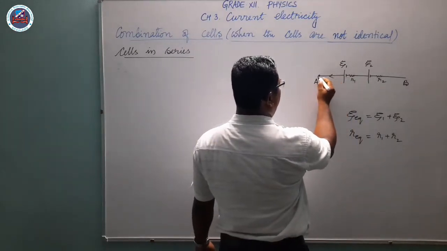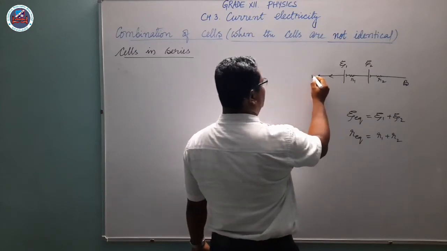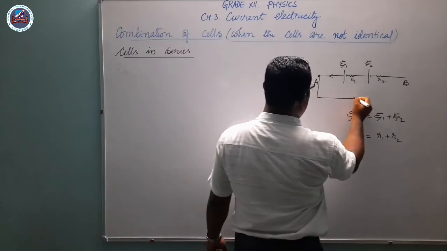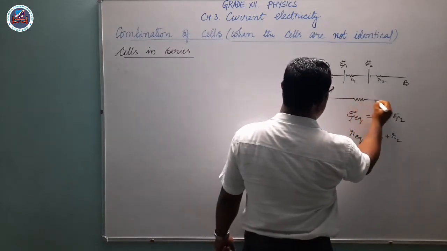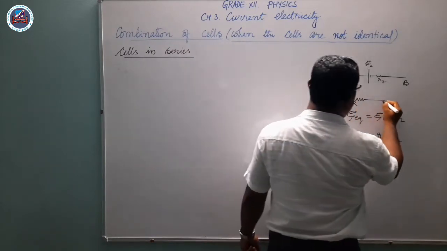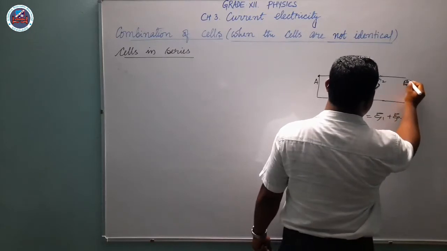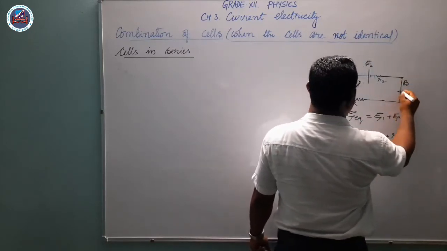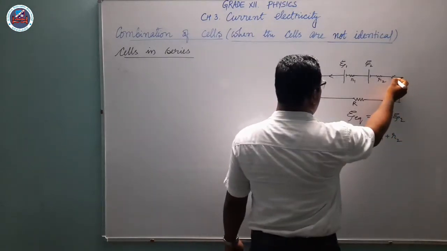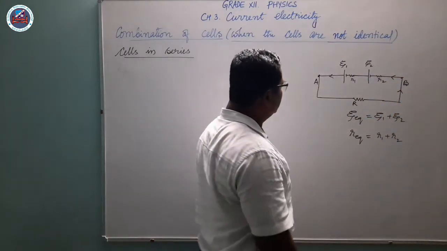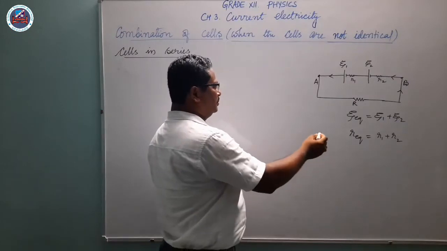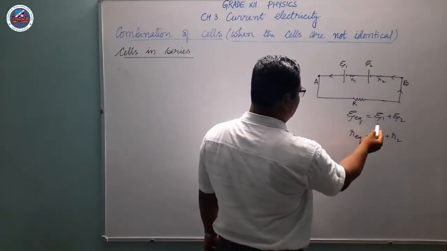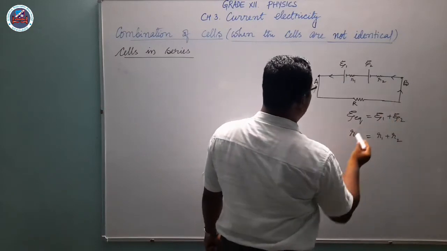Then where does the current go? It has to complete the circuit. So to complete the circuit, you can take an external resistance R here, and then it will enter through this point B, like this. So if you use Kirchhoff's rules, then you come to know how we get this equivalent EMF as epsilon 1 plus epsilon 2.